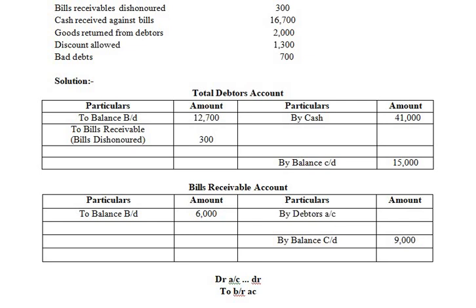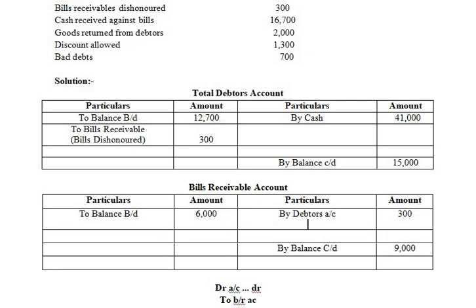And what is the amount? It is 300. In the bracket you write down as bills dishonored. Close the bracket.